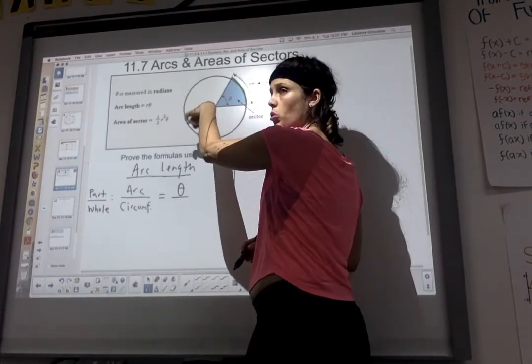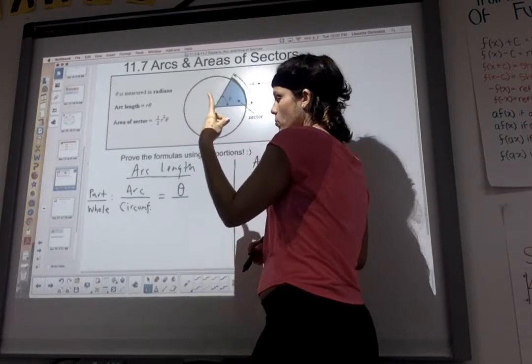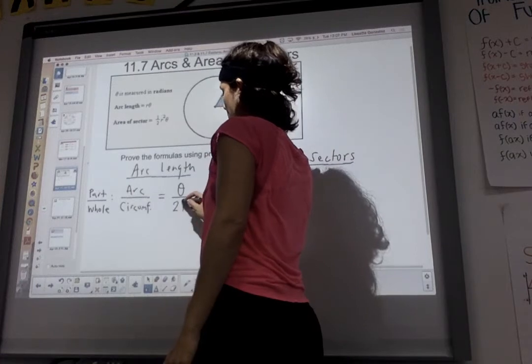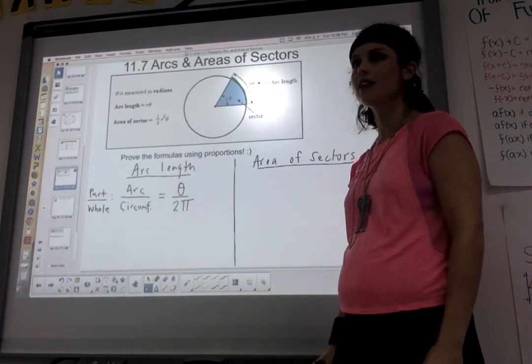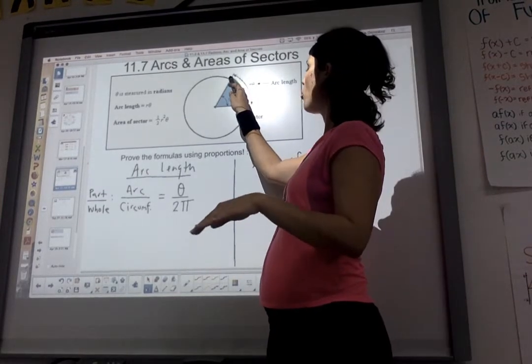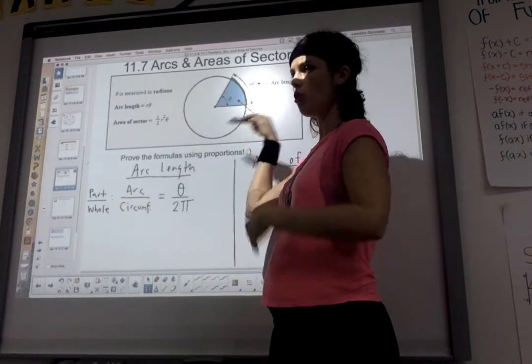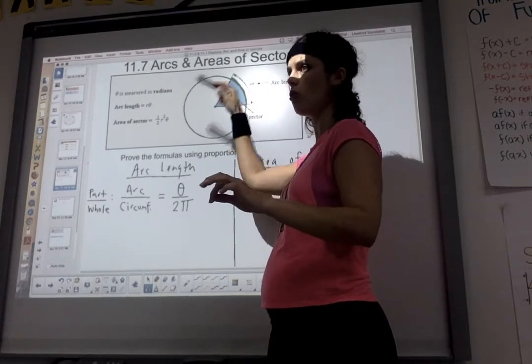How many whole angles in a whole circle? 360. Yes, but I'm going to write it as 2 pi. You'll see why in a second. Is everybody okay with that proportion? Yes. The ratio of this arc to the whole circumference is going to be in the same ratio as this angle is to the whole 2 pi?